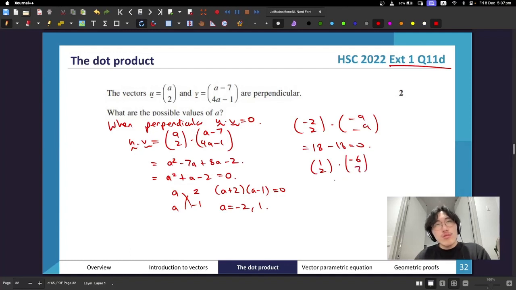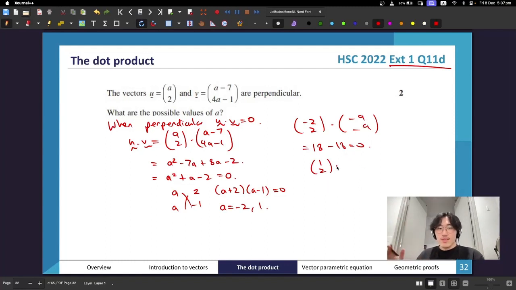Oh, what have I done wrong here? -6, 7. This becomes -6 plus 14. Oh, jeez.